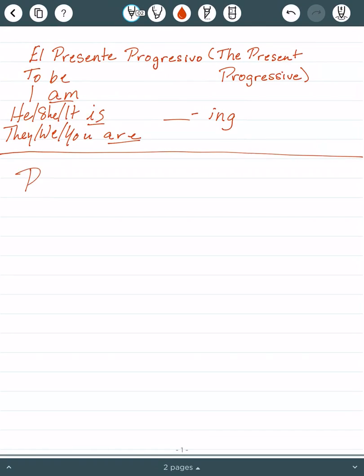So let's go back just to the regular present tense. If you've got the verb hablo, we've talked about this before. That can be a full sentence, and it will translate 5 different ways. The most basic is I speak, but it also can mean I do speak or I am speaking.